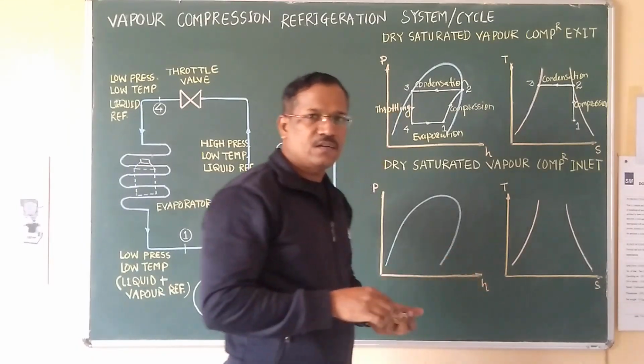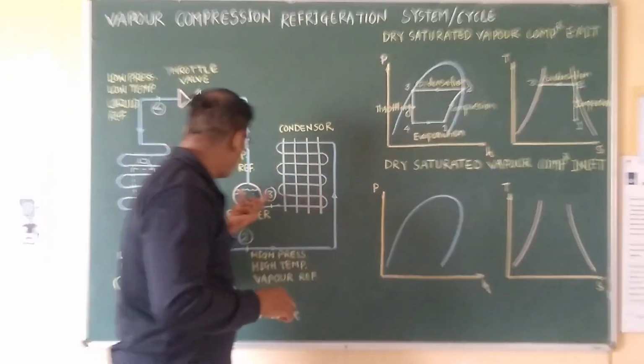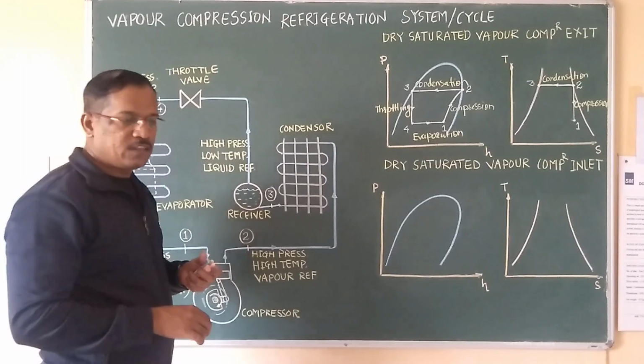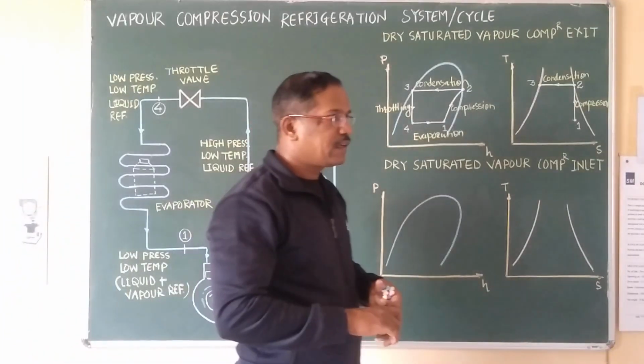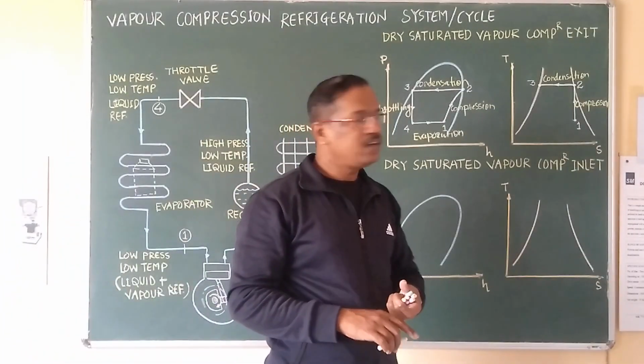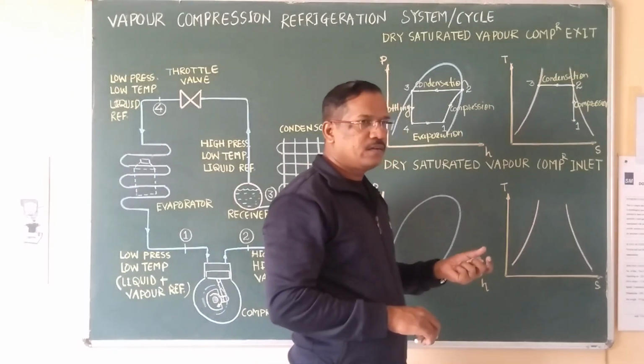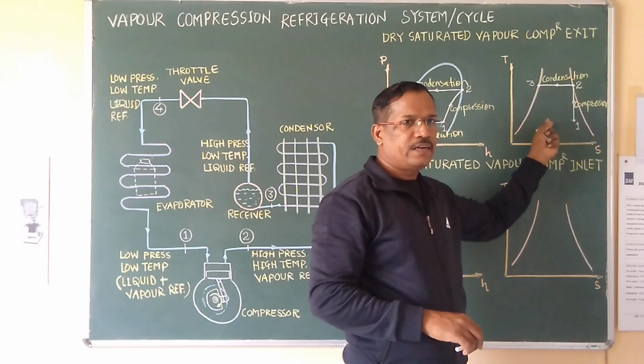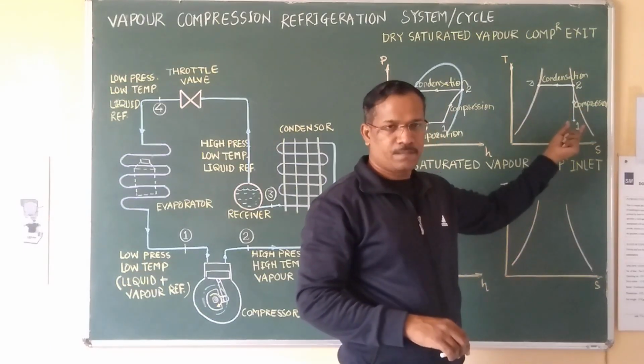After the condenser, we pass this refrigerant to the throttle valve, and the throttling process is completed within a fraction of a second. Ideally, all these processes are reversible.